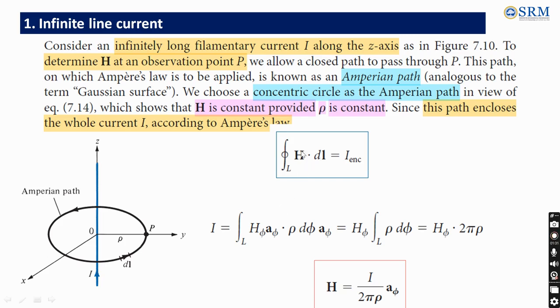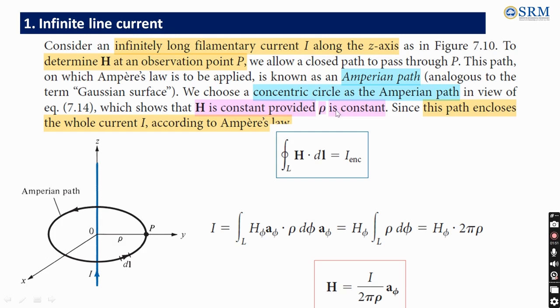And hence we can substitute the H and dL values in the Ampere circuit law. So the current enclosed I is equal to the closed line integral of H dot dL. You have to consider the cylindrical coordinates, that is rho, phi and z.